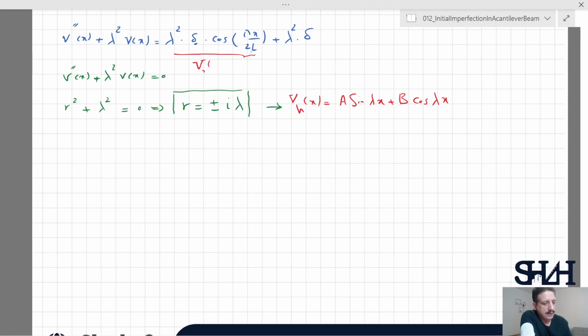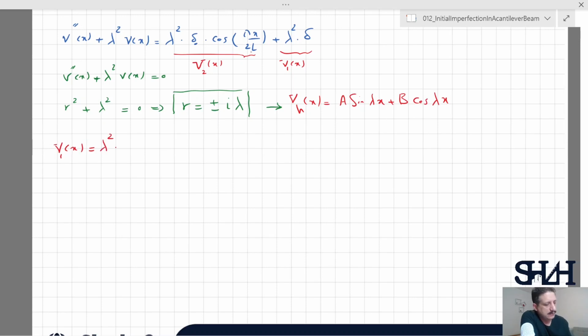I will write it down v2x and the other one v1x. v1x is very straightforward. We have another video about this type of polynomial solution in the differential equation series.